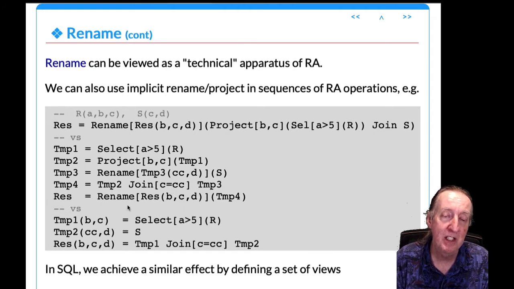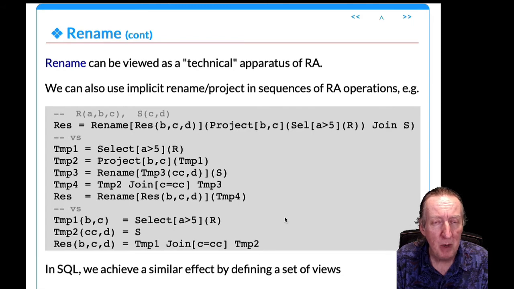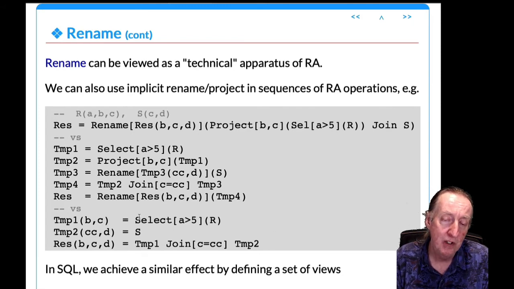Now often this gets a bit tedious writing that out in detail, so we might actually use implicit projection. So here we're doing a selection, and the result is coming from table R. I should say table R must at least have A, B and C. So we're doing a selection where A is greater than 5, and we're just taking the attributes B and C. Similarly, we're taking S and renaming its two attributes to C and D, and then we're doing a join on the two tables.